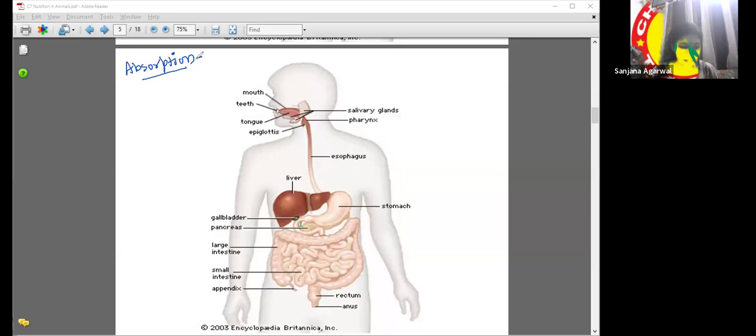First point, absorption in general is the uptake of soluble substances produced during digestion by the tissues in the body. The basic meaning you all know.